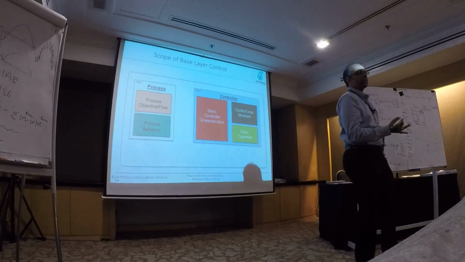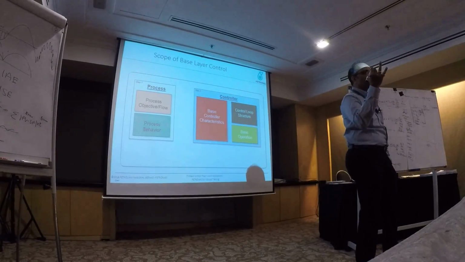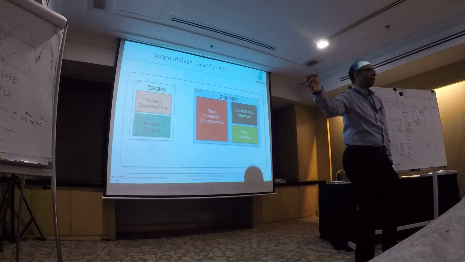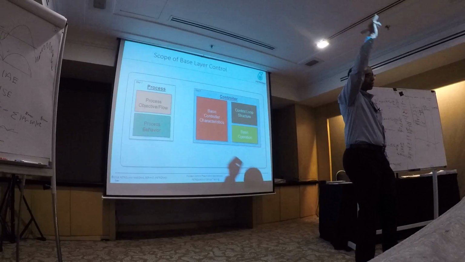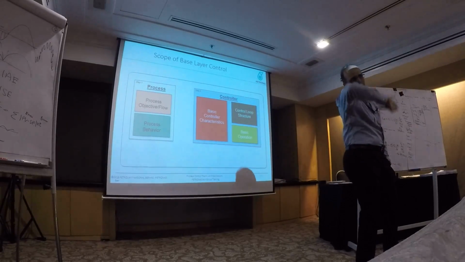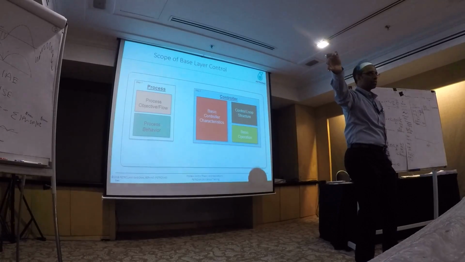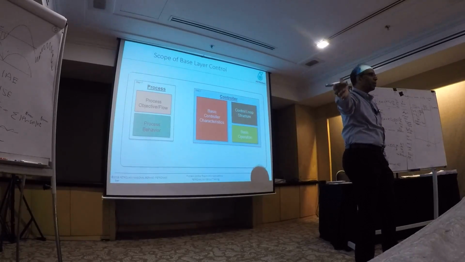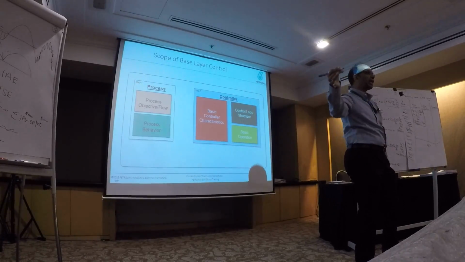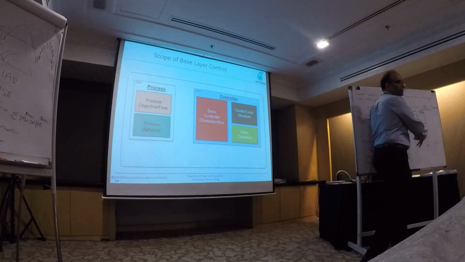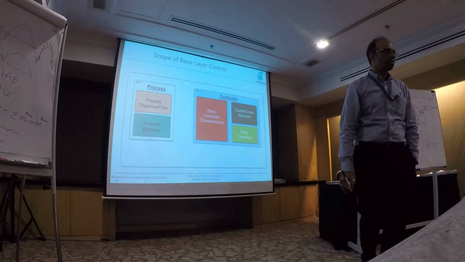So I have two options. When I change my operating point, I change my gain, and I can do that automatically. I can build a configuration page that says, you are now at 70% production, switch gain. It's quite taxing, but I can do that. Alternatively, I can use some form of APC.